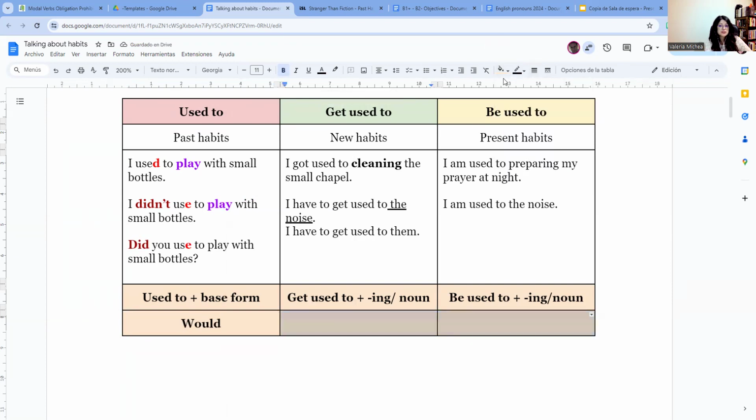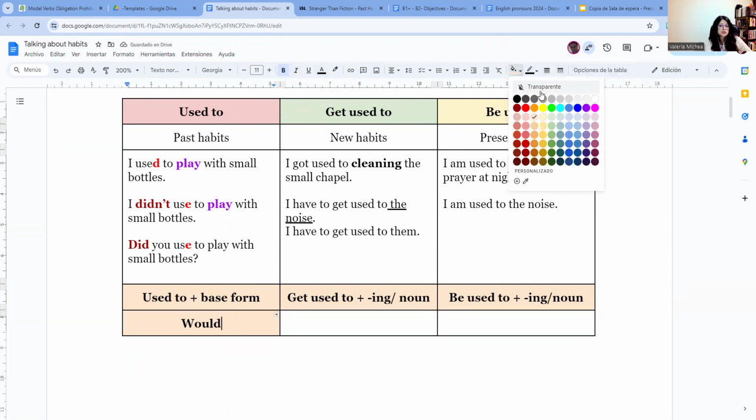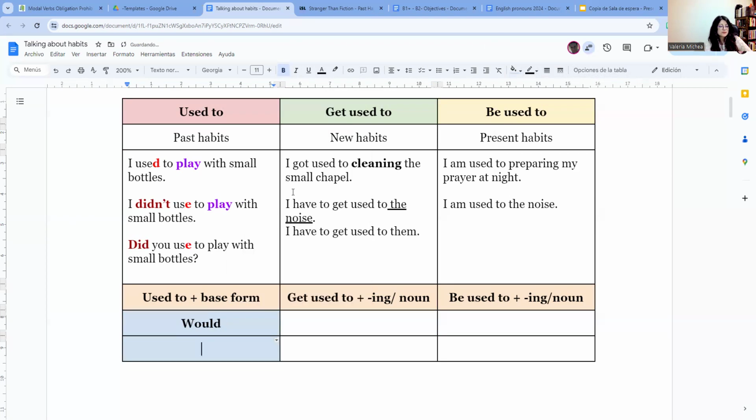I'm pretty sure that most of you remember about it. So yeah, I'm trying to just bring it back so you can start using it again. But yeah, the difference between used to and would, it's very small. It's very subtle, if you wish.